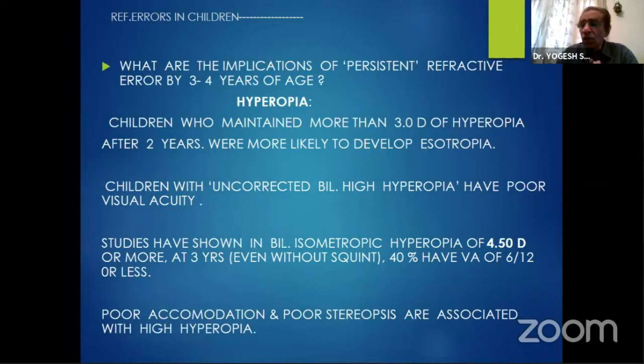There are a lot of problems with accommodative anomalies in children. You can see that article. So now the point is that poor accommodation occurs in high hyperopia, and then a vicious circle starts, and there's a cascade of complaints and problems there.